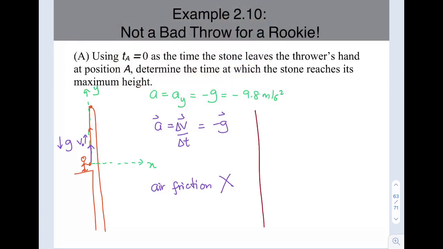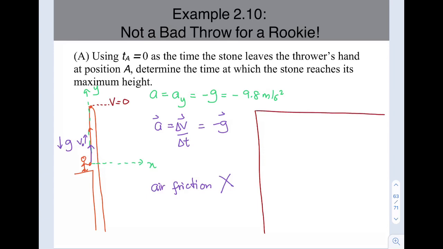Right, so now I'm going to calculate according to the question asked. When it reaches maximum height, by the way, it's going to stop for a moment. At this instant, V at this position is 0, because it's already at maximum height before it falls down or turns downward.